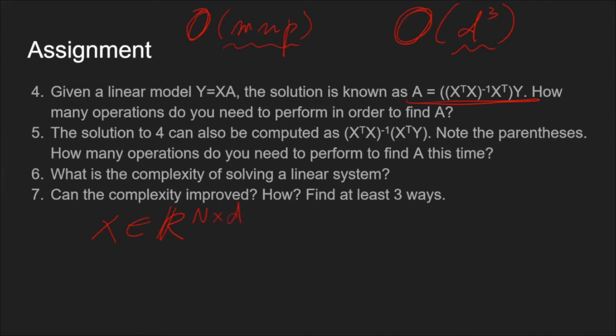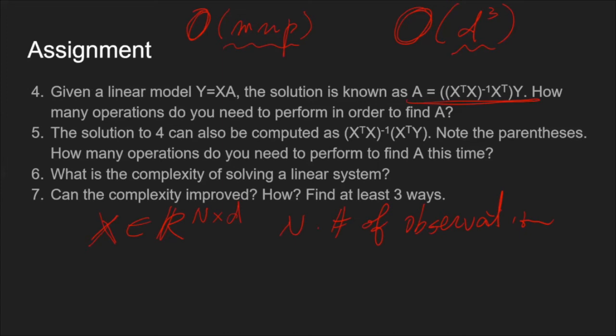By convention, n is the number of observations, and d is the dimension of the problem. d is the number of parameters. So X is basically our data table. In Apache Spark, we saw data tables. So n is the number of rows, d is the number of parameters.